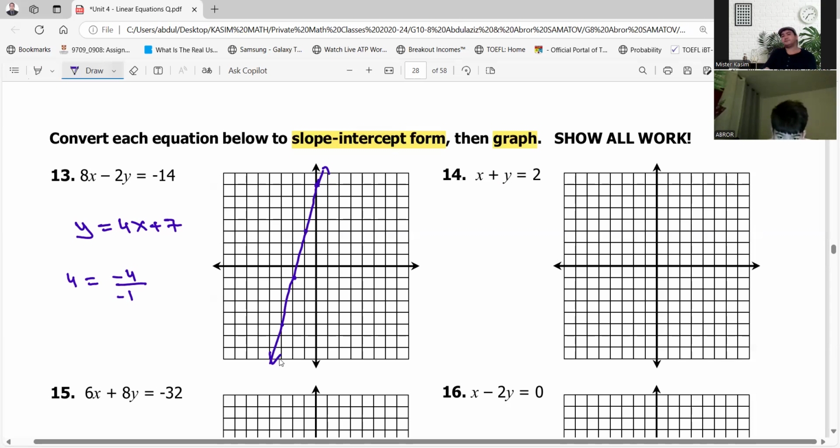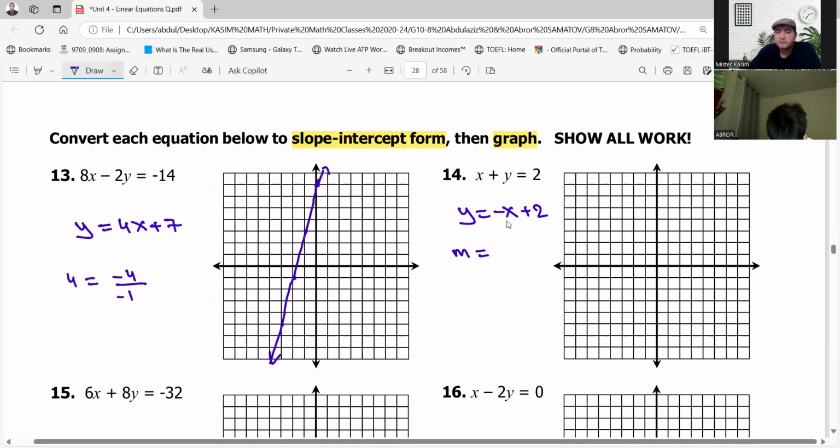Okay, bro. And how about 14? What is the slope-intercept form of this: x plus y equals 2? Y equals -x plus 2, right? We just move x over. Now the slope.